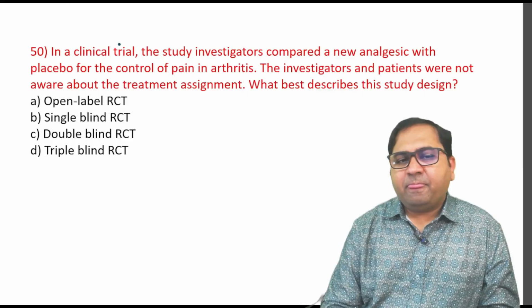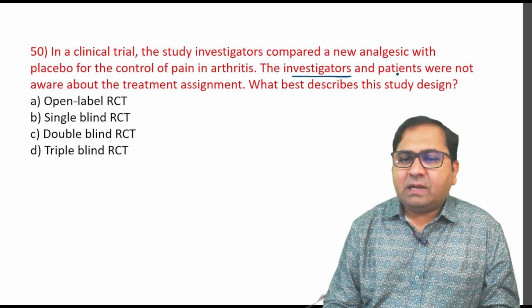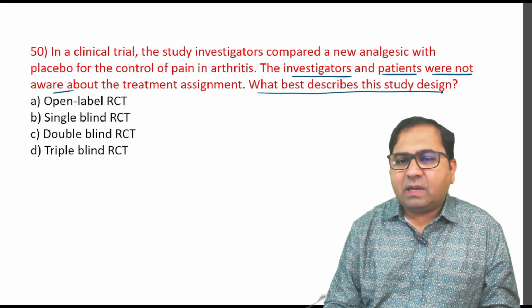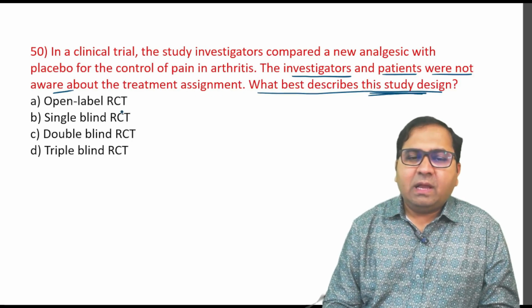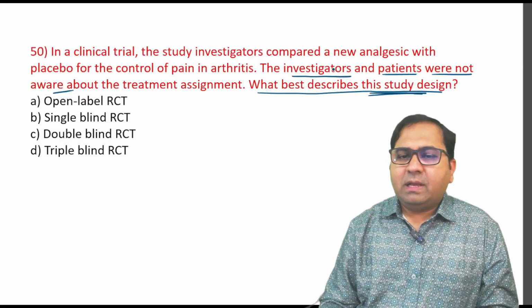Then last question. In a clinical trial, the study investigators compared a new analgesic with a placebo for the control of pain in arthritis. The investigators and patients were not aware about the treatment assignment. So what best describes this type of study design? Is it open labeled, single blind, double blind or triple blind?